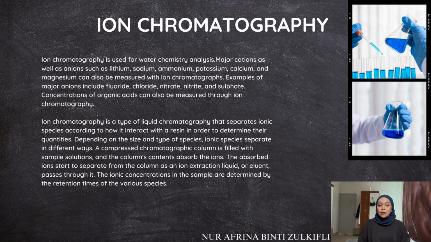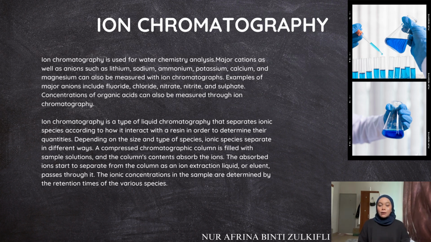Ion chromatography is a type of liquid chromatography that separates ionic species according to how they interact with a resin in order to determine their quantities. Depending on the size and types of species, ionic species separate in different ways.